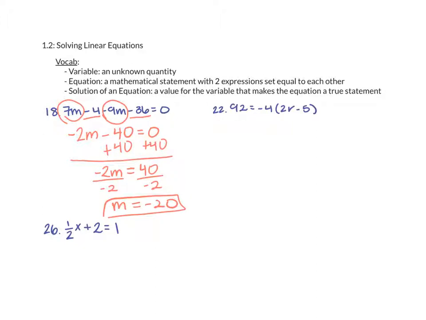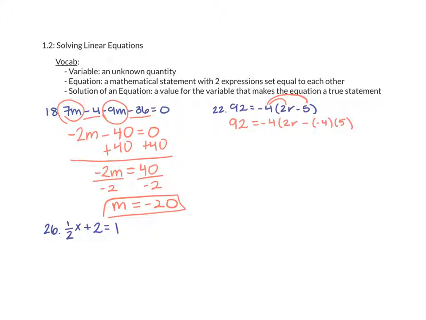For 22, it says 92 equals negative 4 times quantity 2r minus 5. What we're going to do first is work with that negative 4. I'm going to distribute it to the 2r and then to the 5 as well. Make sure you bring that negative as well. So it's going to be 92 equals negative 4 times 2r minus a negative 4 times 5.